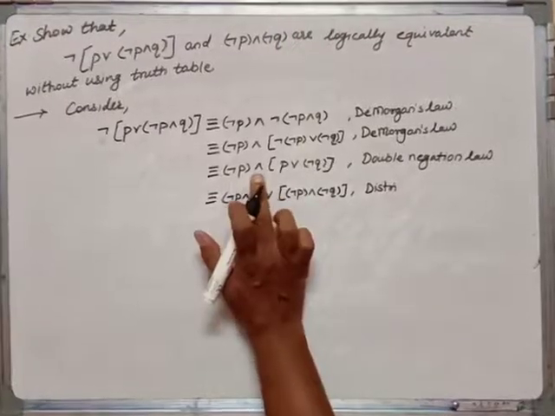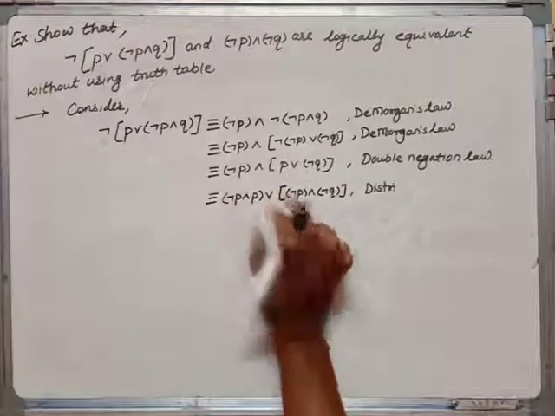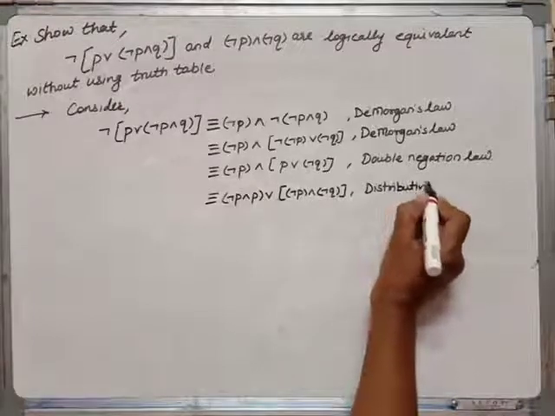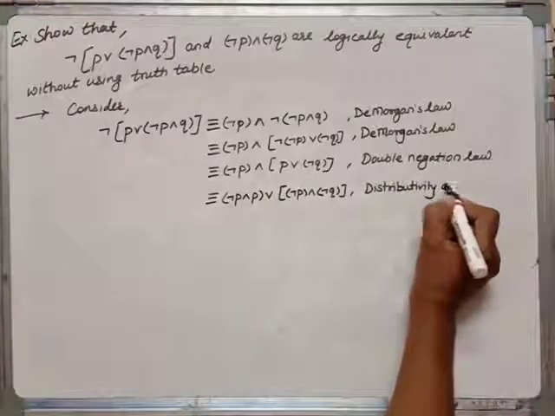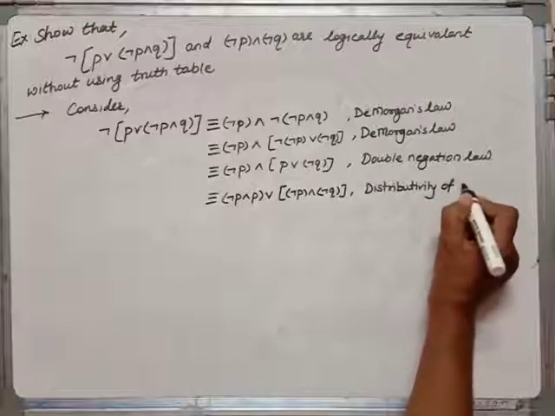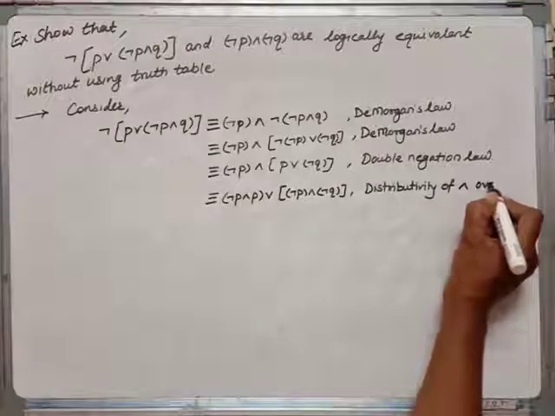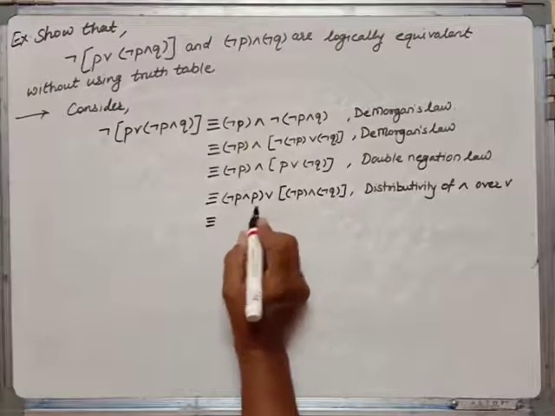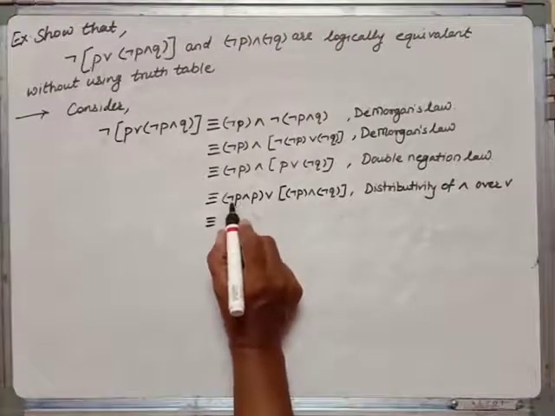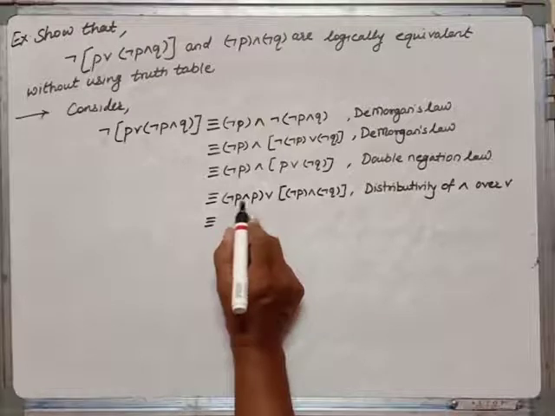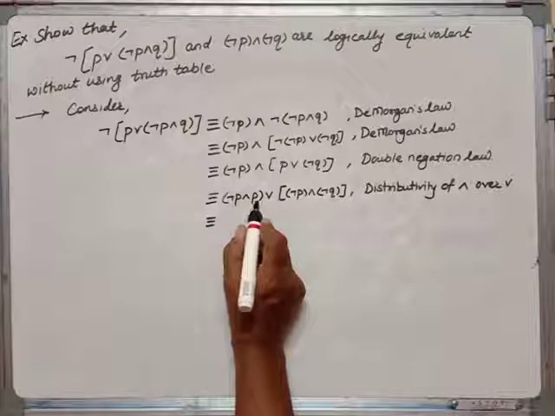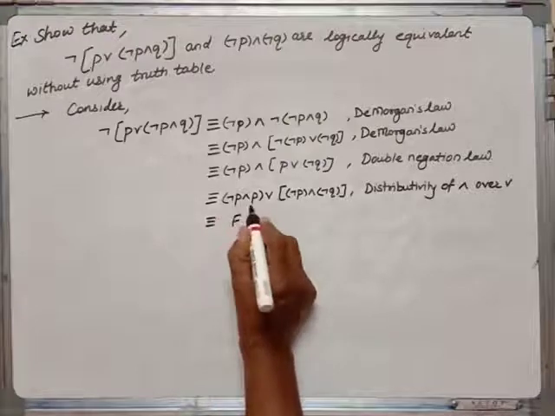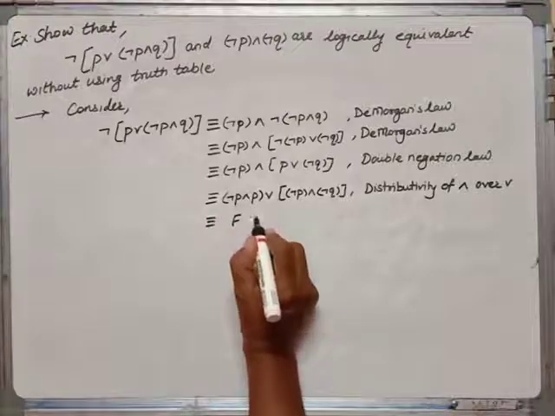This is distributivity of and over or. Now negation P and P, this value is false using negation law.